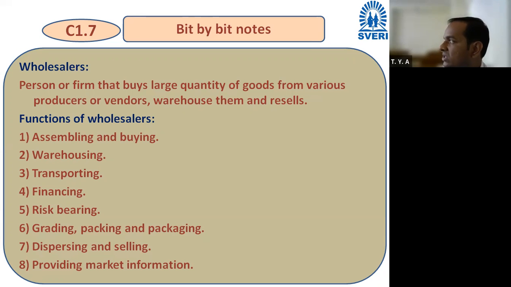Wholesaler. We'll see what their role is, how they help people so that hurdles will be removed. Wholesaler: a person or firm that buys large quantities of goods from various producers or vendors, warehouses them and resells. Now one by one we'll see and clarify this meaning.